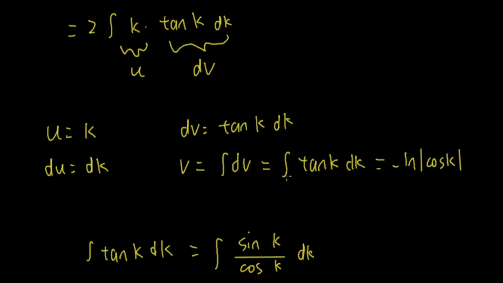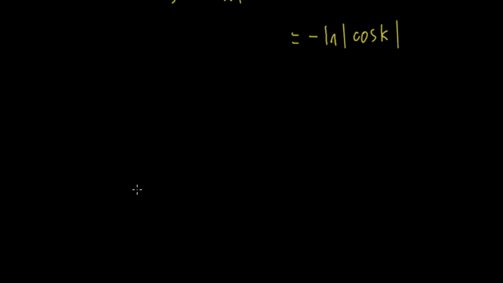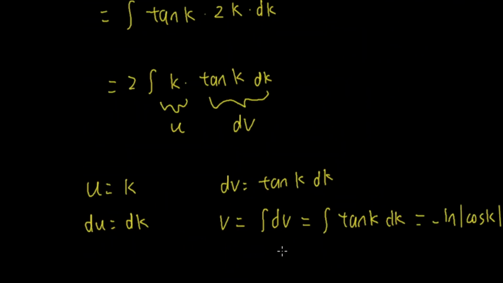Okay, now put everything together. Integral of u dv is equal to uv minus integral of v du. Now, integral of u dv is the integral of k times 10k dk, but we also have a constant 2 here.